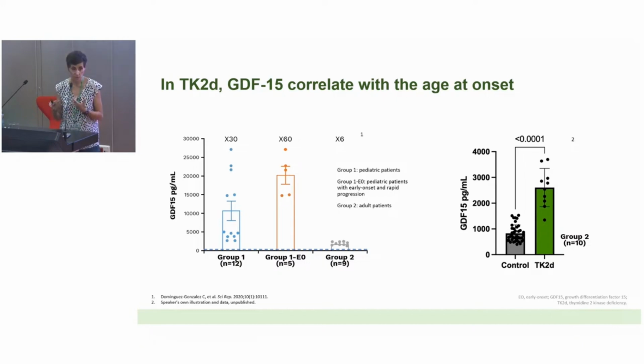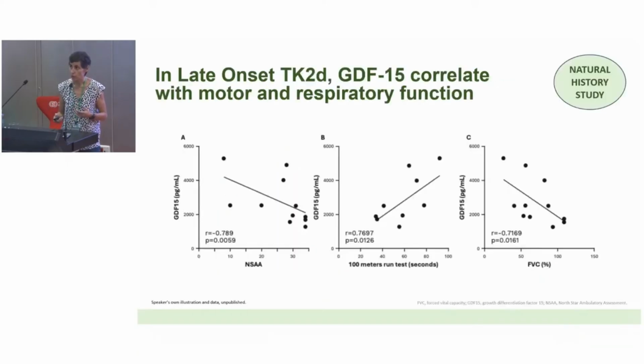So there is a very strong correlation between the levels of the biomarker and the age of onset and severity of the disease. And in fact, within the group of late onset TK2 deficiency, all adult patients, GDF15 also correlates with the severity of the phenotype.